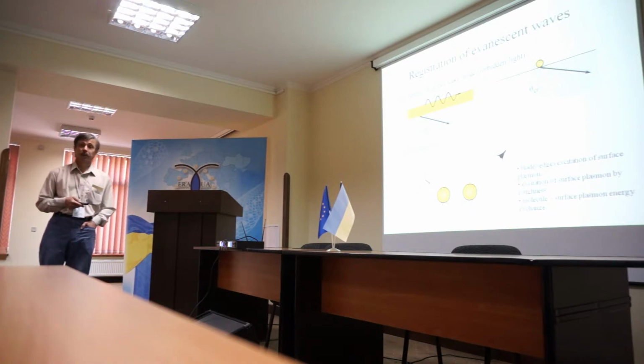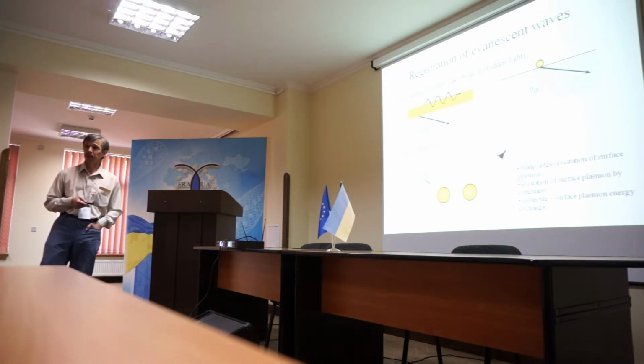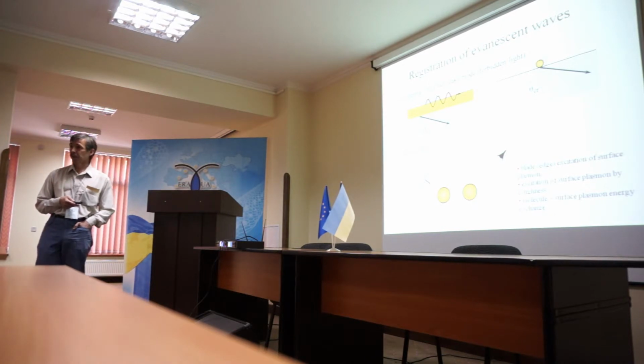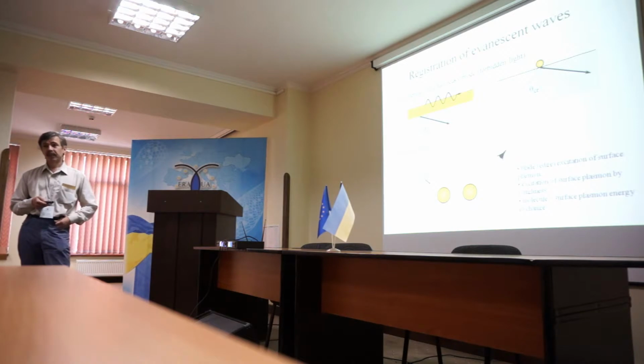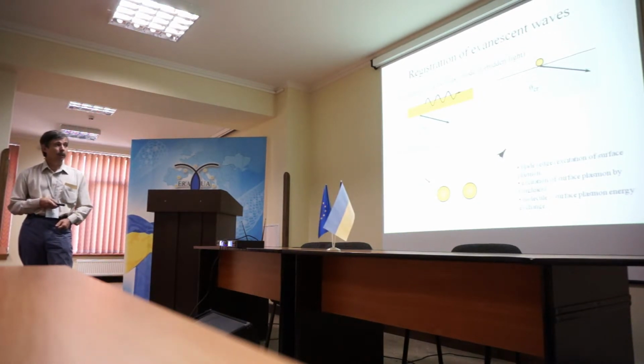In such a way, we receive the normal optical signal about the subdiffraction elements. But this consideration shows a very important feature of near-field optical microscopy. In fact, this method doesn't have what is called a passive tip.